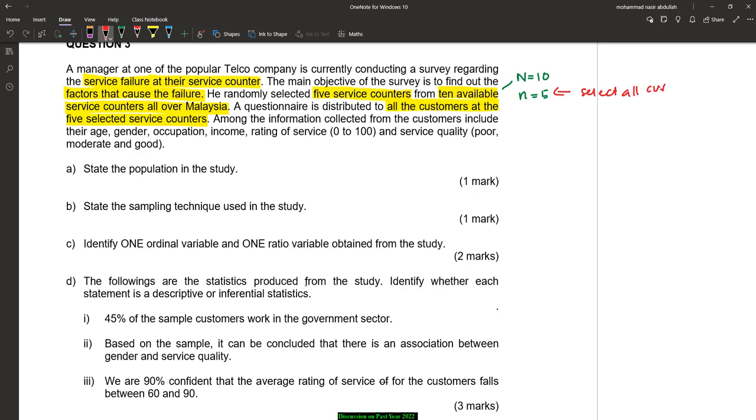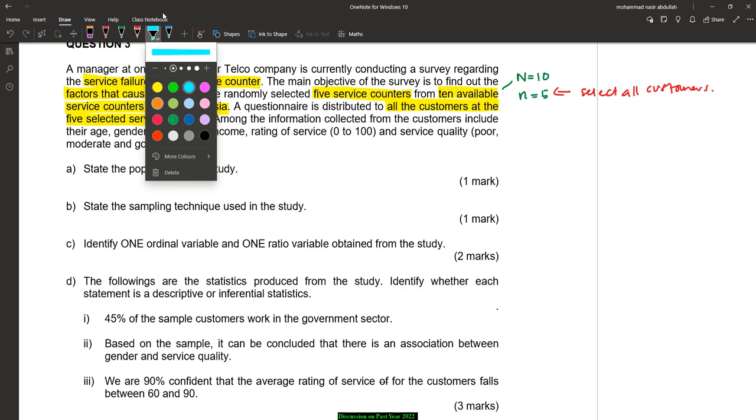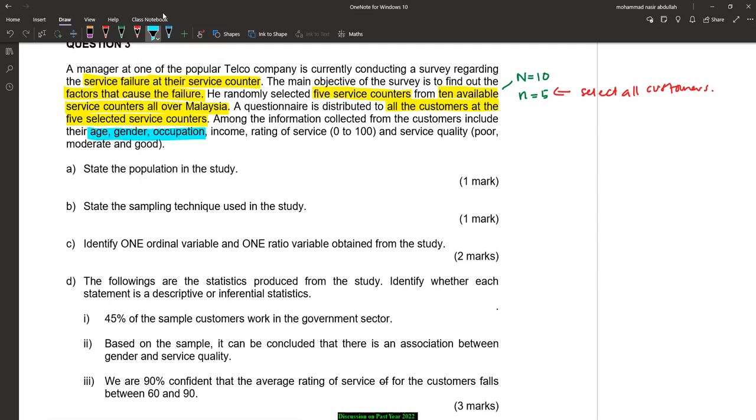Among the information collected from the customers are their age, gender, occupation, income, rating service from 0 to 100 and service quality: poor, moderate and good.